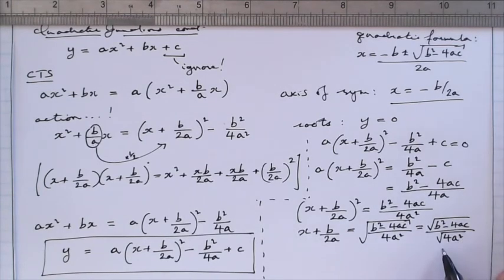But the square root of 4a squared is just 2a. So I have that x plus b over 2a is the square root of b squared minus 4ac all over 2a.